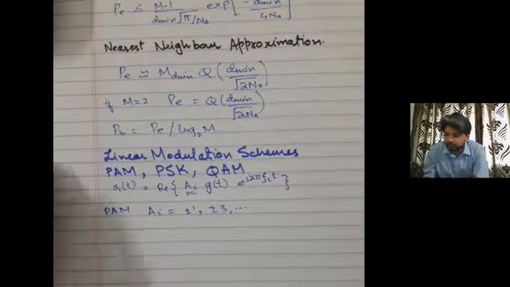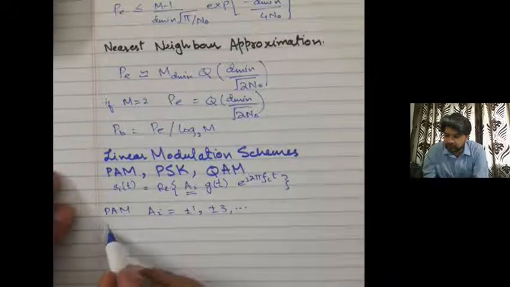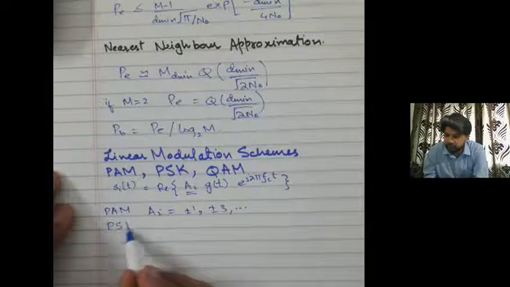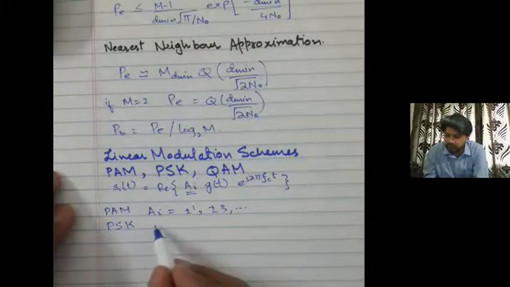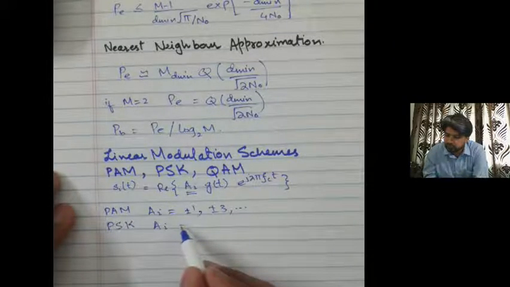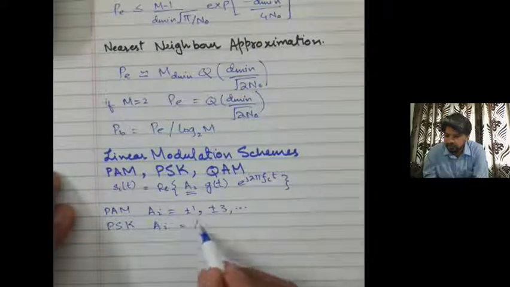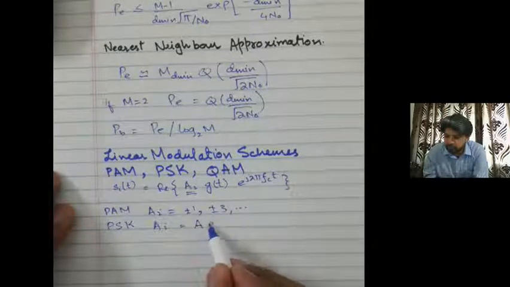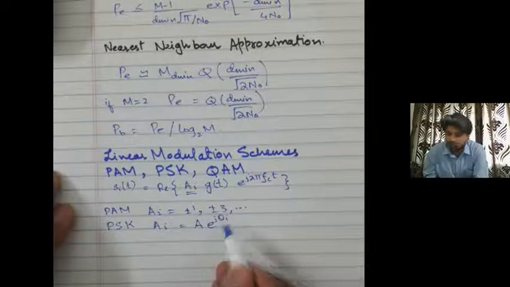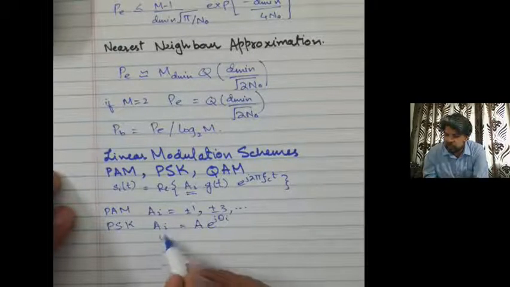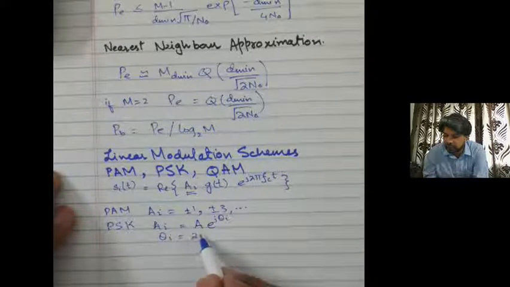In the case of phase shift keying (PSK), your AI would be equal to some constant amplitude A times e to the power j theta I, where this theta I would normally be represented as 2 pi by M times I minus 1.